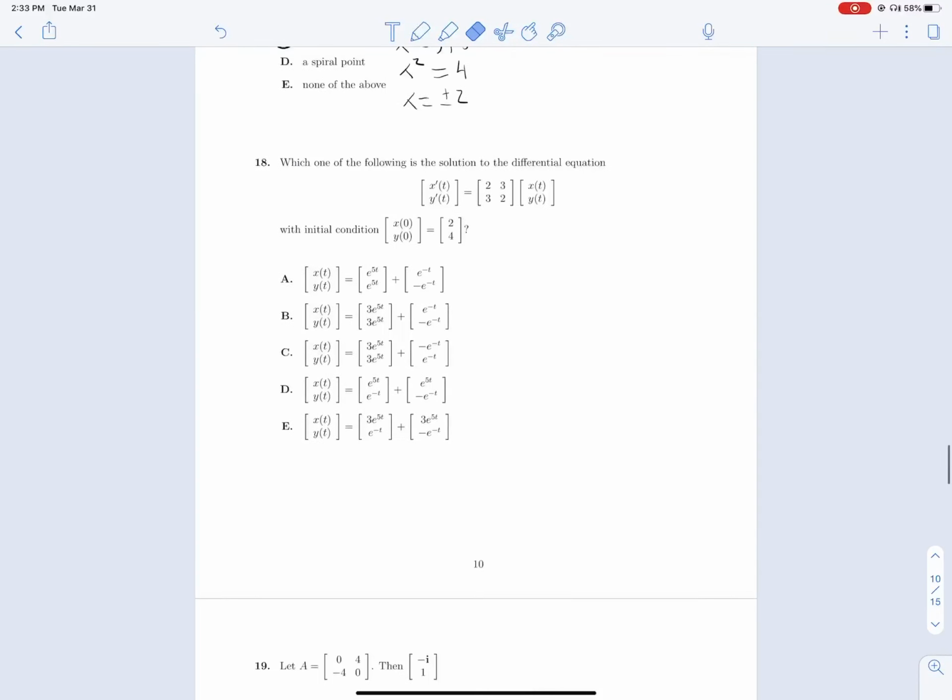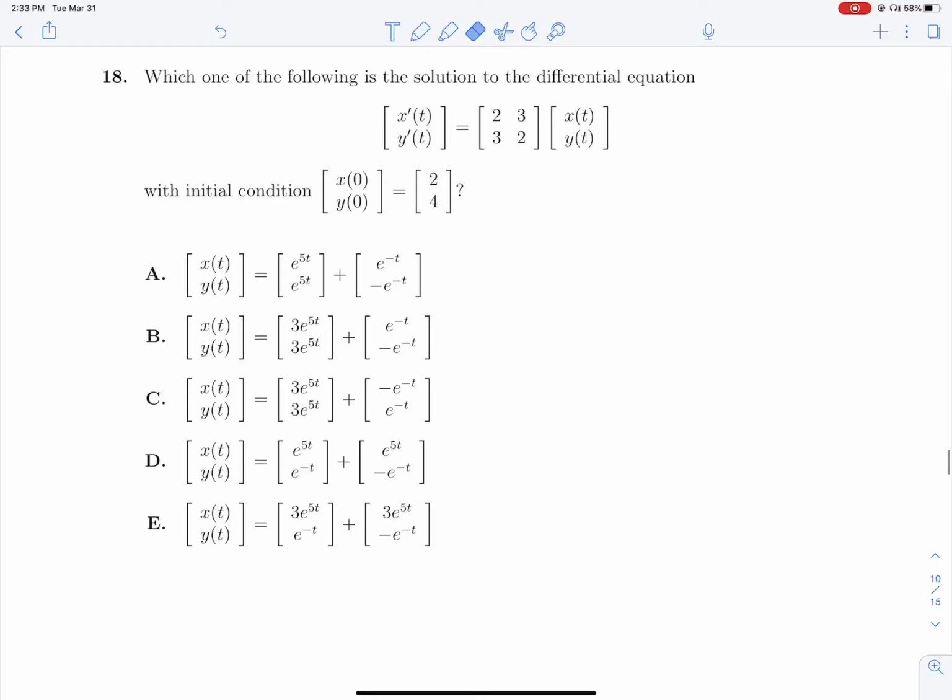18, this is almost our last one. Which of the following is a solution to this differential equation here with initial conditions? So the form that we're going to be solving things into is x of t. I use x of t like how they use x of t in differential equations. It's probably annoying to some of you how they're using two components over here, and one of them is called x of t.